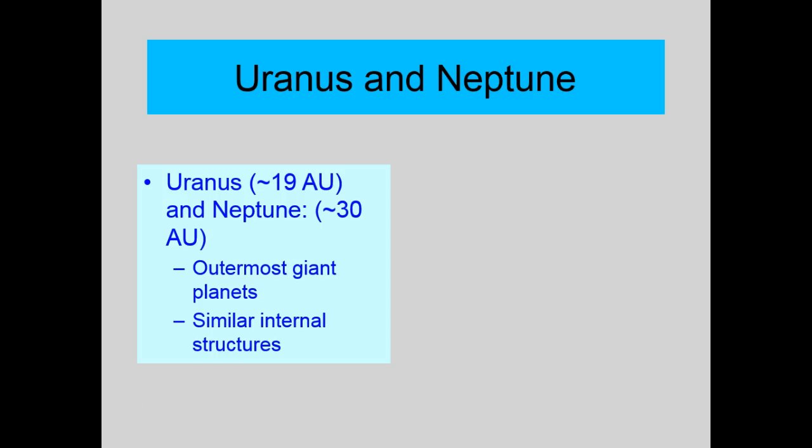I mean, it's a huge planet, but it's so obscure you'd never see it with binoculars or anything else. These are the outermost giant planets. They're very similar internal structures. They have a solid core, and then a lot like Jupiter and Saturn, layers upon those, and they're just way out there.